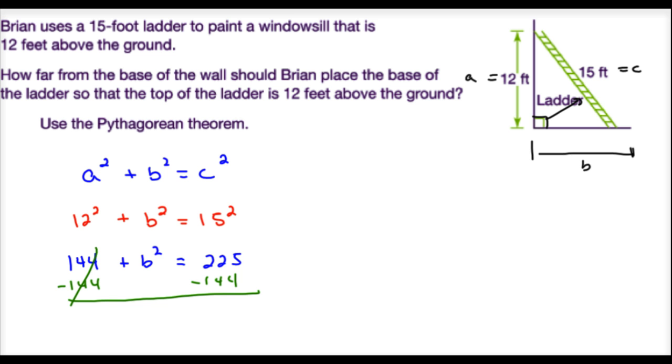I'm left with B squared equals 225 minus 144, 81. Am I done? No. Square root, square root. B equals 9. 9 what? In this case, we know it's feet, so 9 feet. So he needs to keep his ladder 9 feet away from the base.